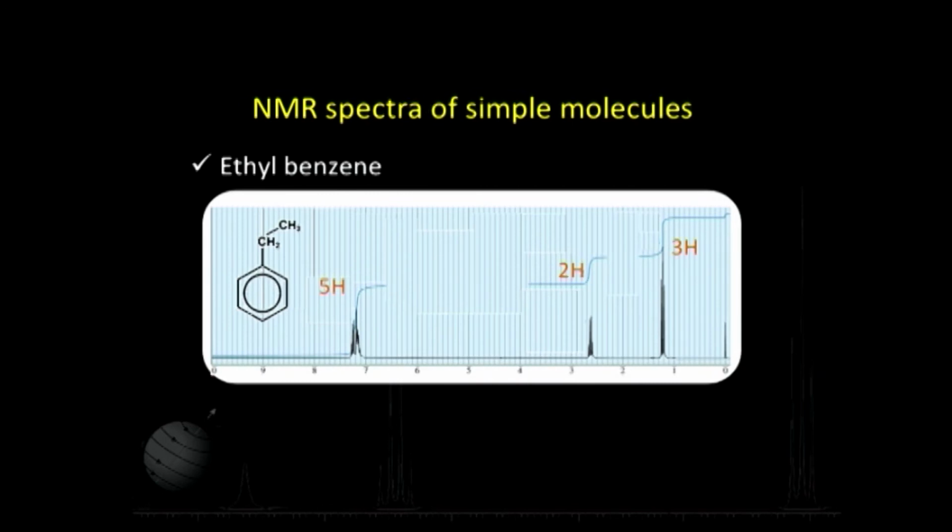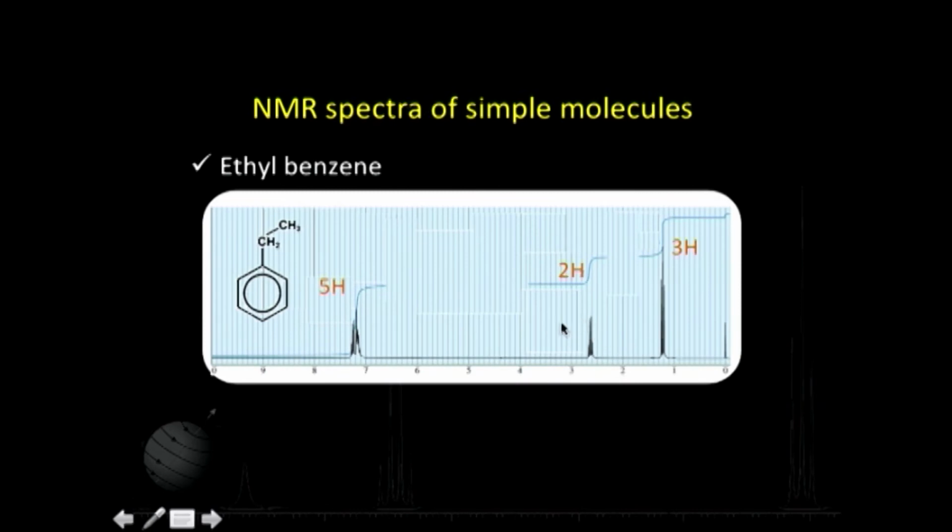A few more things we can make note of here. Out of these 2 things, this methyl is coming at a typical position, and this 2 proton methylene is coming at 2.5 or 2.6 ppm because of this benzene ring. Another thing we can note is that this CH3 CH2 is a typical ethyl group, so you are getting a spectrum of an ethyl group there.